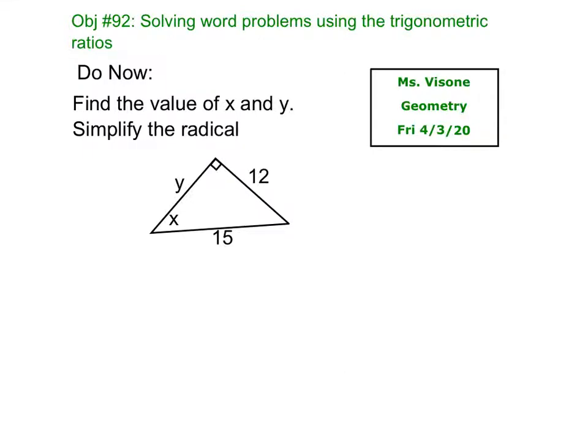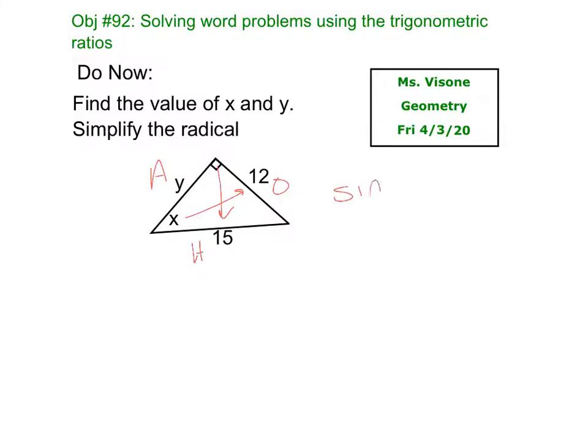Pause the video. We're going to find the value of x and y. To solve for x, we're going to do trig. We have our hypotenuse, our opposite and our adjacent. We have the 12 and the 15. That's O and H, so that's sine.